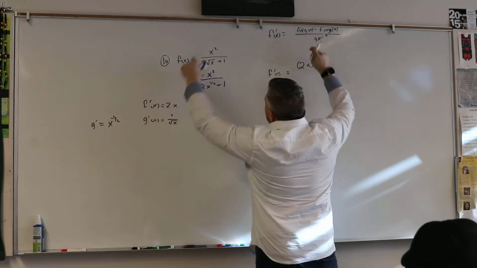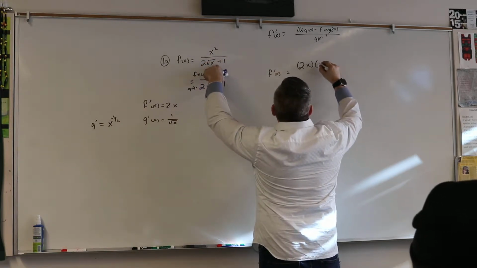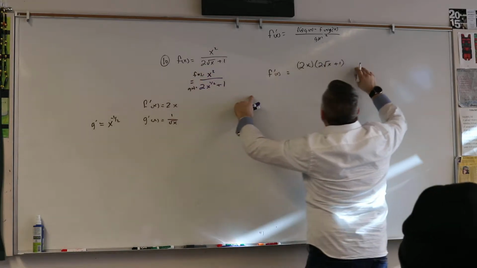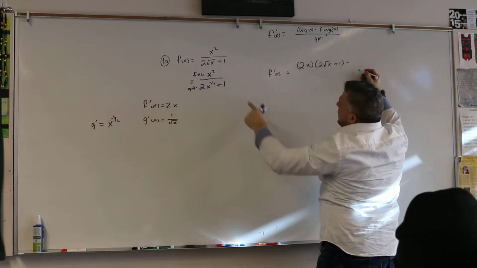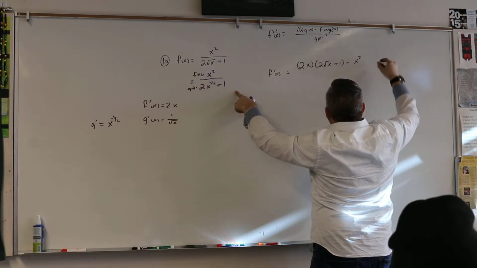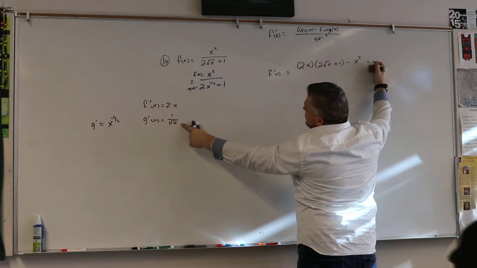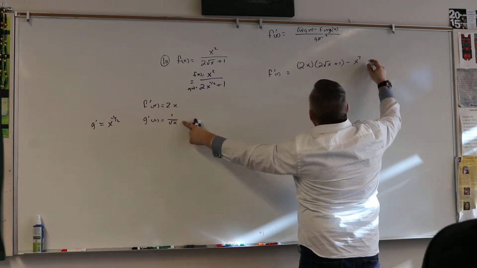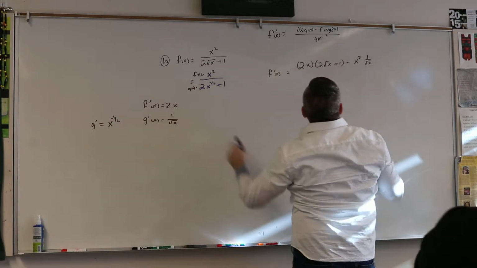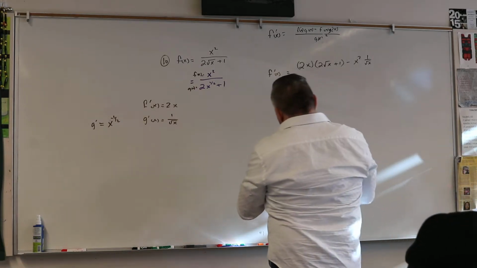Then I've got g. G is the bottom. That means that we've got 2 square root x plus 1. And then that's minus f. Now again, f is x squared. And then times g prime, which is a little bit funky, but 1 over the square root of x.